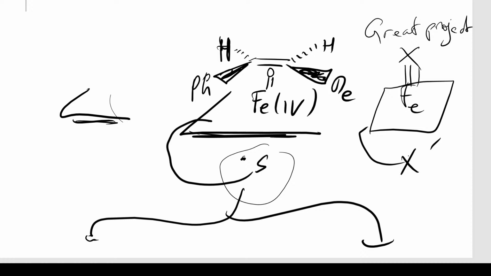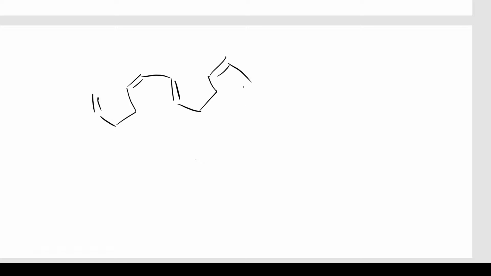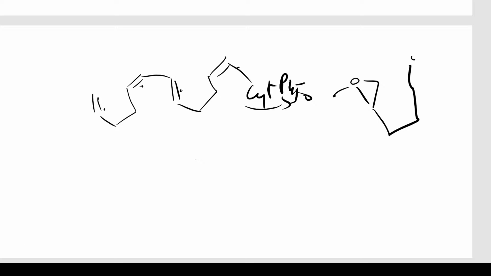For example, I'll give you one example. Just an example, okay? If you can make a cytochrome P450 that epoxidizes each double bond, you control the epoxidation of all these. You know what I mean? Then you can get a cascade.